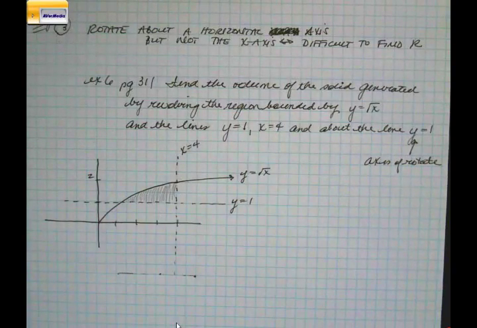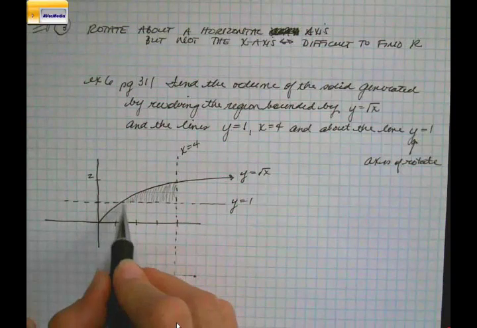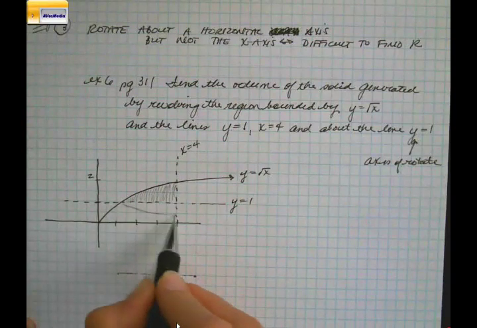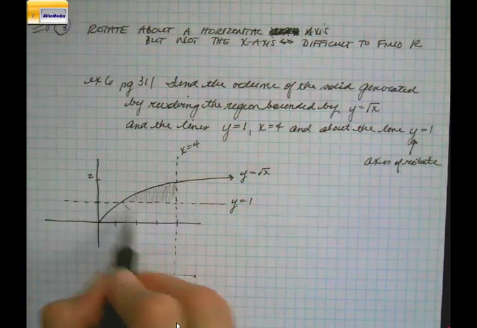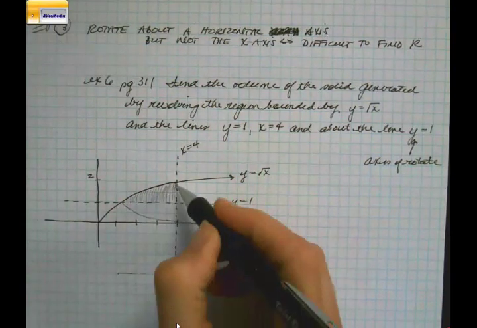That's the region we're spinning. Now we're not spinning it around the x-axis, we're spinning it around y equaling 1. So this is what it's going to look like when we start spinning it. This is my spin zone.